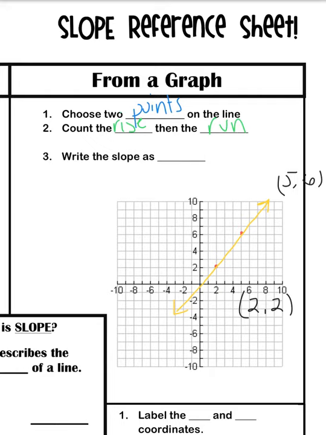So I'm going to go up 1, 2, 3, 4, and I'm going to go to the right 1, 2, 3. We write our slope, if we remember, as rise over run, or as y over x. So if I wanted to write the slope for this line, I would say that it's 4 over 3.